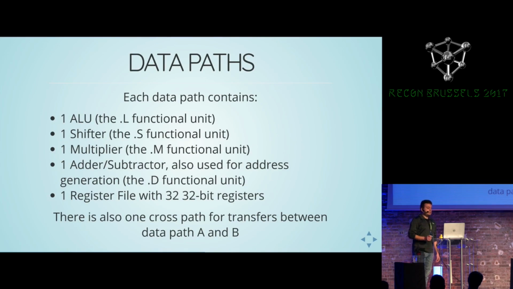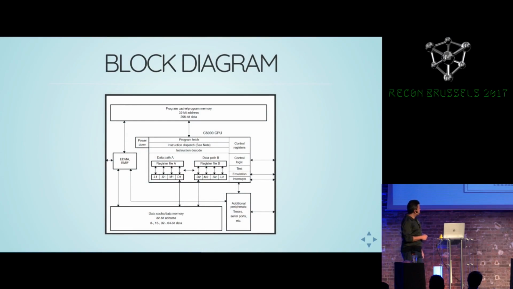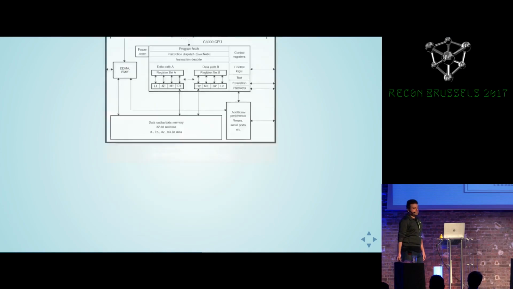The four functional units at each data path are the .L functional unit, which is an ALU, the .S functional unit, a shifter, there's also a multiplier, another subtractor, and the register file with 32-bit registers. And as we said before, this is the cross path between the two data paths.